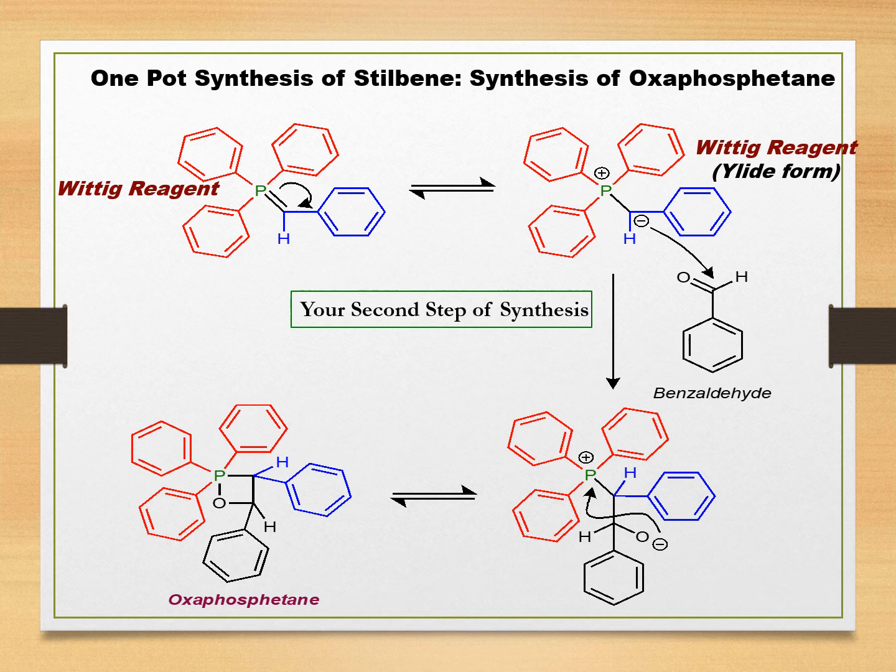And then again, the formed intermediate rearranges, the phosphorus cation combining with the delocalized oxygen-carbon pi bond, and they give us a cyclic neutral intermediate called oxaphosphetane.